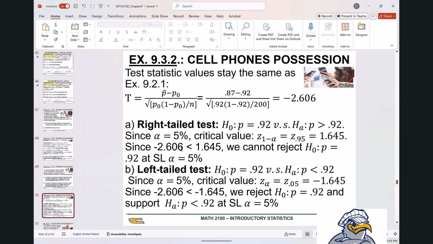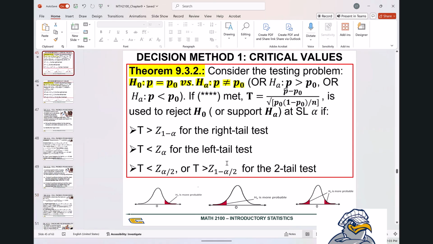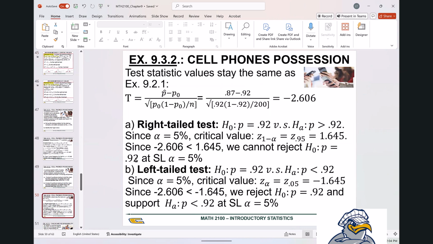Because it's a right tail test, you basically just look at whether T is greater than z 1 minus alpha or not, right? If yes, then you can reject. If no, you cannot. So for this case, your z 1 minus alpha will be 1.645.